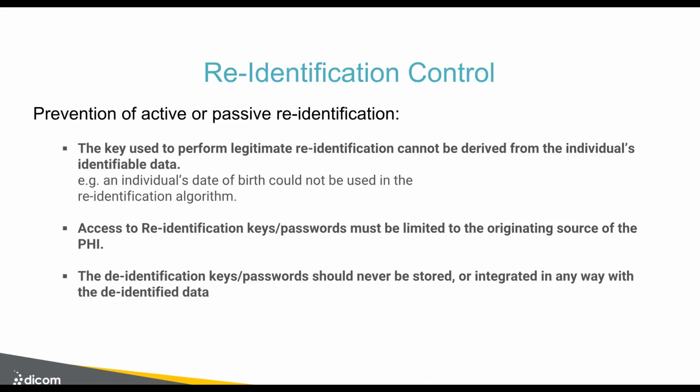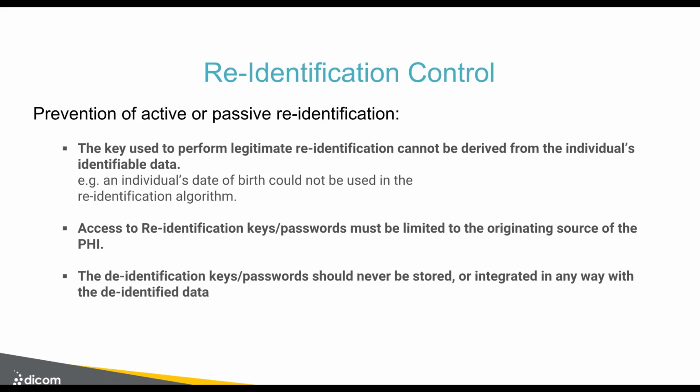Important to note here, the key that you use to re-identify the data, if there's a key in an algorithm, cannot be created or derived from any of the individual's identifiable data. So you can't say, well, our hash basically looks at the patient's last name plus their birthday and does this computation to come up with a key.